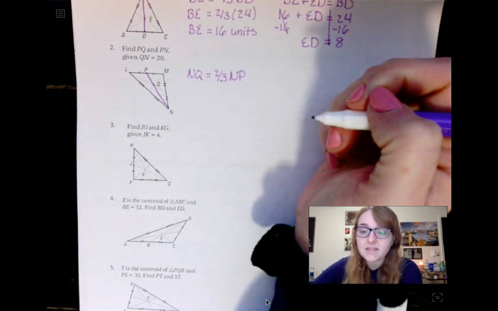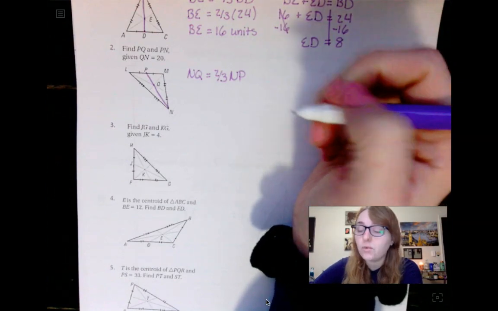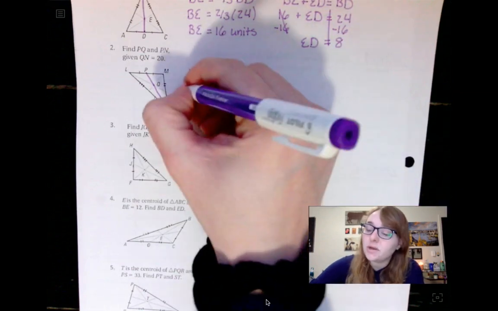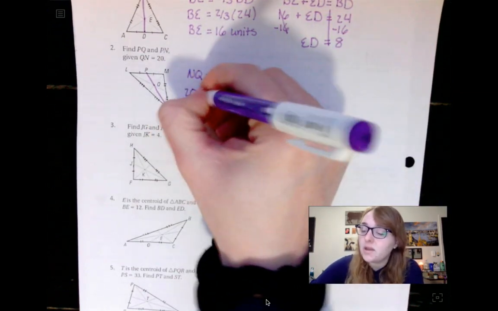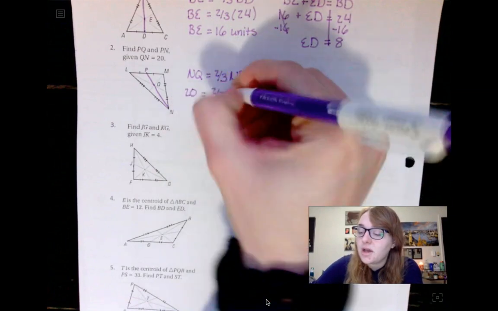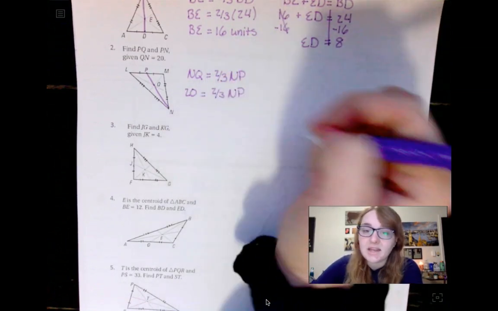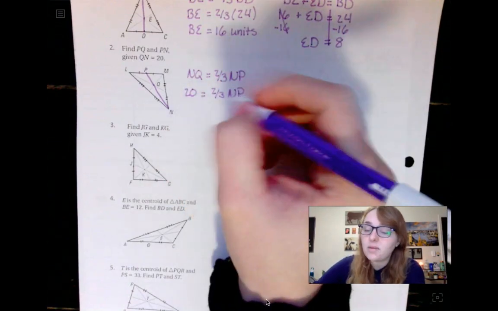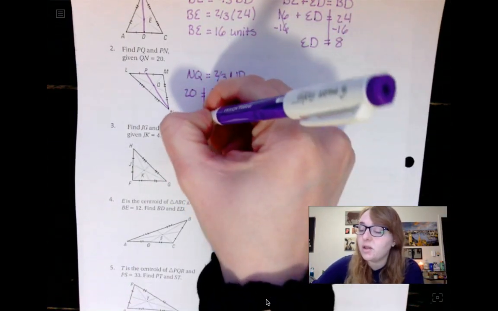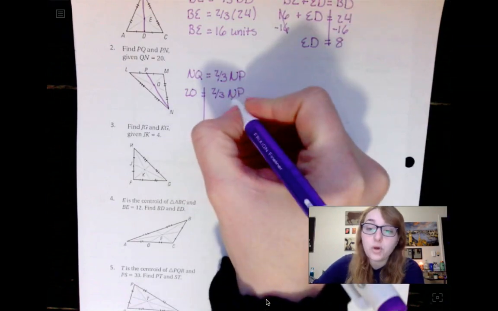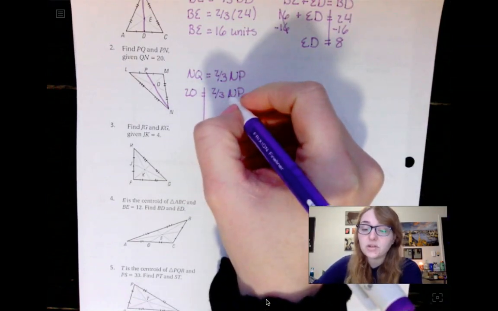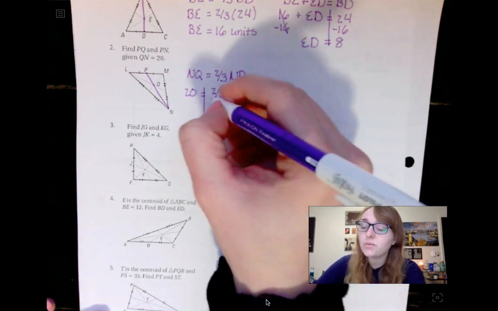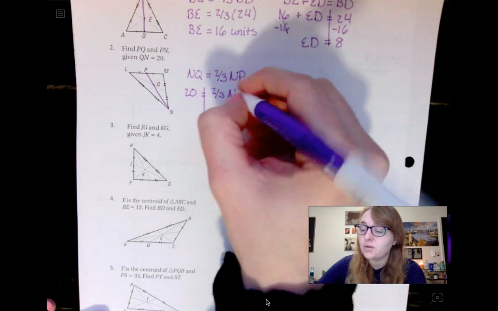Our second step here is to plug in what we know. We know that QN, or NQ, is 20. So we plug in 20 is equal to 2/3 of NP, which we don't know. In order to get NP, we want to get that variable alone. Since we are multiplying by 2/3, we have to divide by 2/3. But when we divide by fractions, we're really multiplying by the reciprocal.